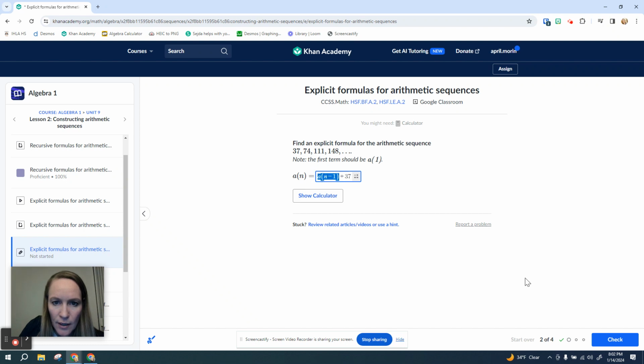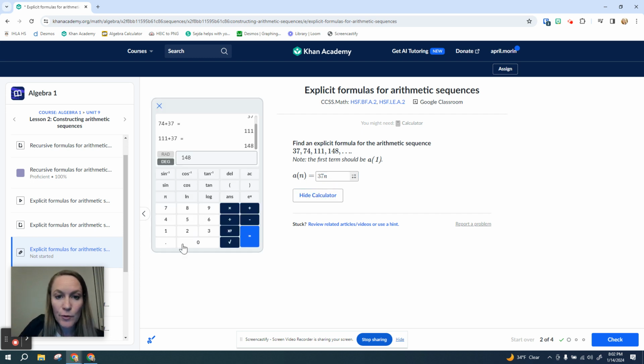Well, it is 37. So if we do 37 times n, so does that work? So if we do our calculator, 37 times 1 is 37.